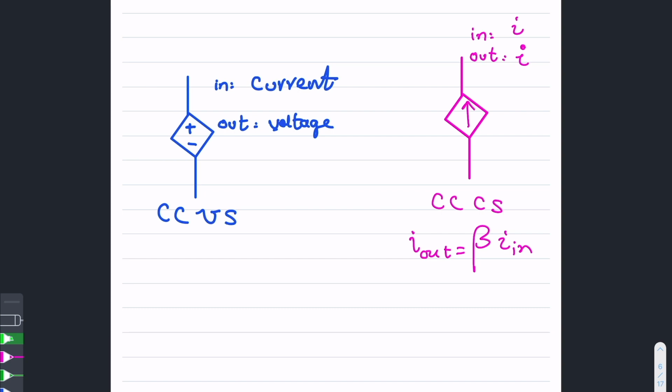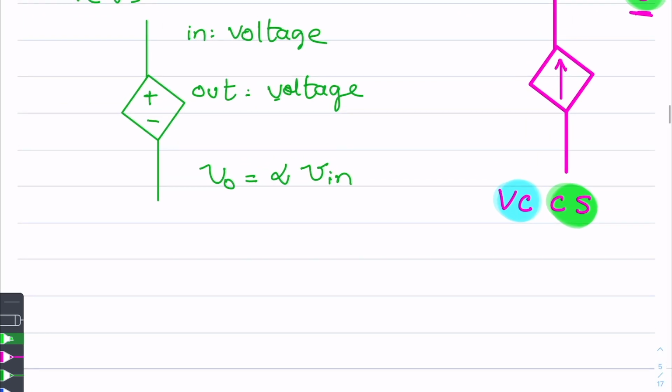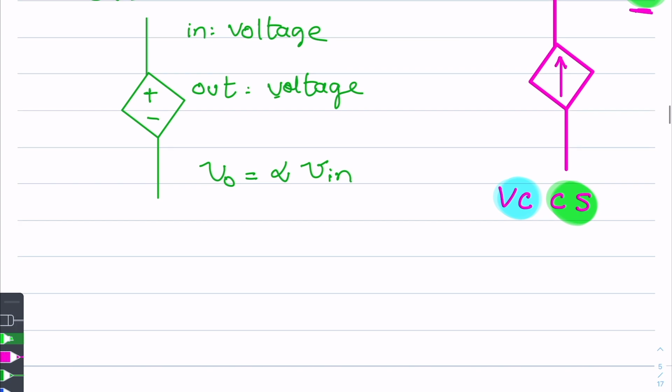And then if you were to write out the equations here in terms of the output and input relationship, you'll see that the output is some gain times input. Output is voltage, input is current. Similarly, in terms of a voltage controlled current source, you have I output is alpha times V input.